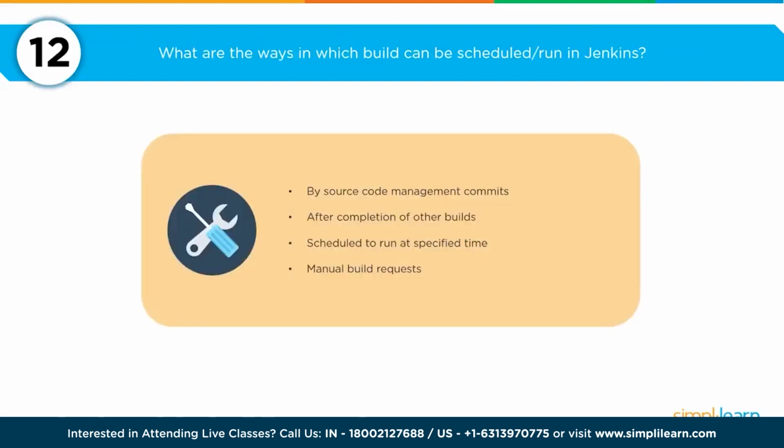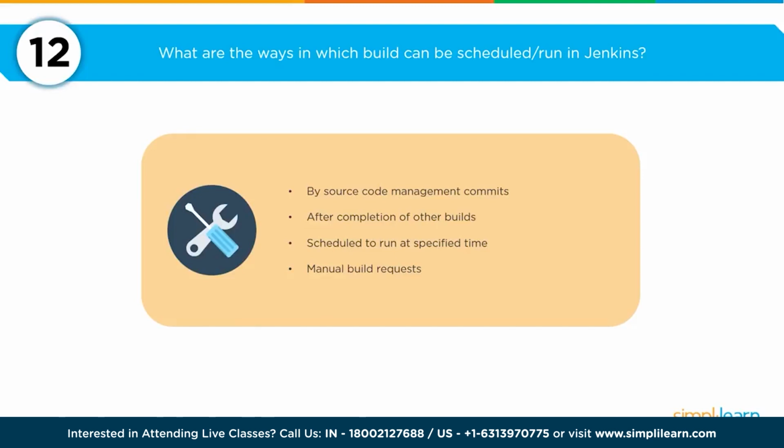So what are the ways in which a build can be scheduled and run in Jenkins? Well, there are 4 ways in which you can identify the way a build can be scheduled or run in Jenkins. The first is when source code management commits new code into the repository. You can run Jenkins at that point. The second can be after the completion of other builds.